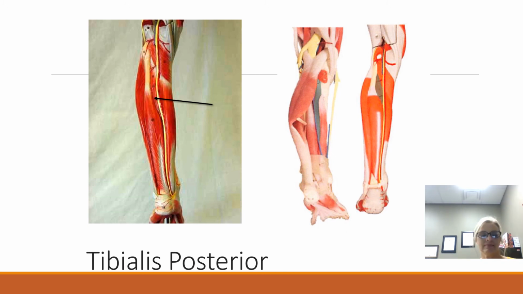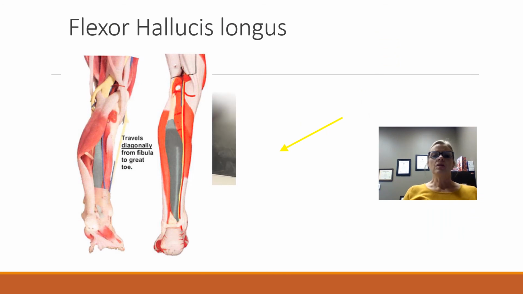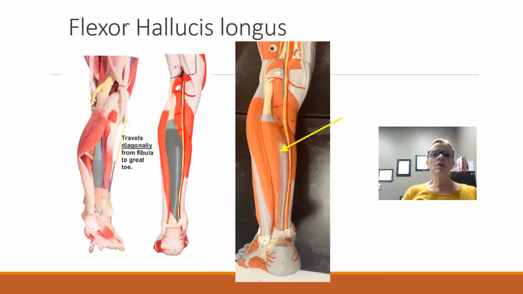All right, so here we have the flexor hallucis longus, and this is going to go to the hallux, or the big toe. This is the muscle that we use to push off during walking and running. The great toe is also another name for the hallux or big toe.